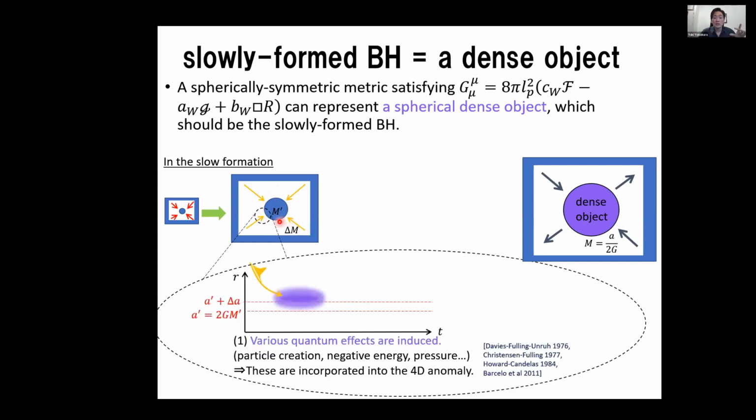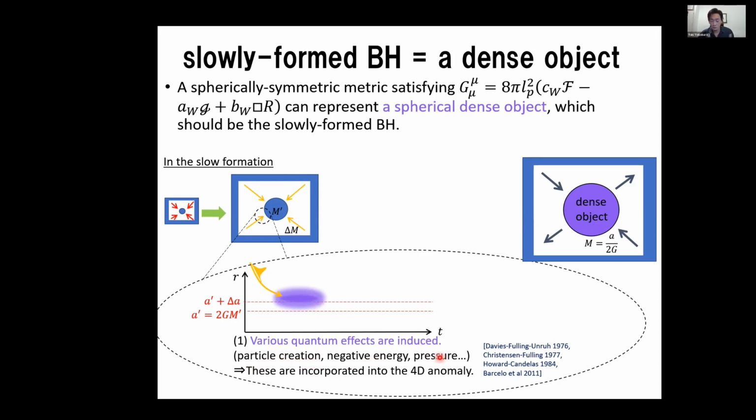This process is time dependent, so the geometry is also changing in time. This time dependence creates very complicated effects, as you know, for example particle creation or negative energy pressure.